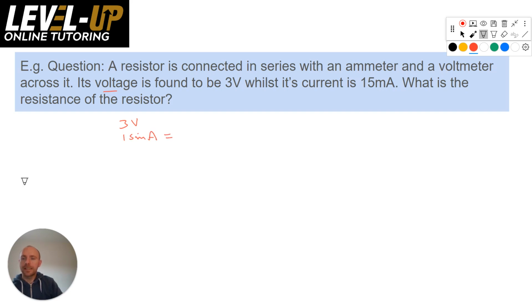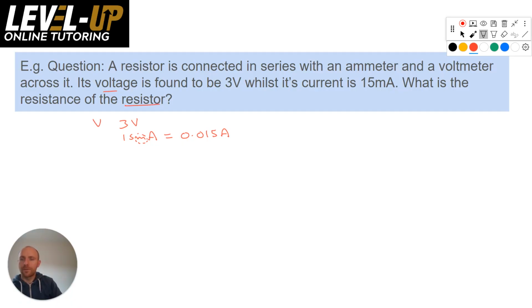And I can immediately see that that is milli, so I want to convert that into amps. I do my multiplying out, and I'm going to get 0.015 amps. What do they want us to find out? They want us to find out the resistance.